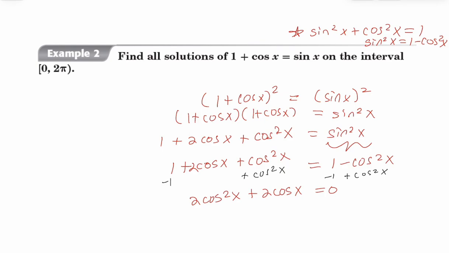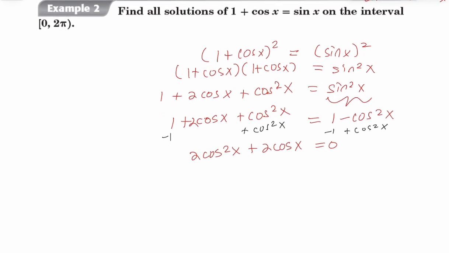Now, at this point, you can factor as it sits. You could factor out a 2 cosine and go from there. But so that we don't lose track of the algebra, I am going to do a substitution. I'm going to let u equal the cosine of x. So I get 2u squared plus 2u equals 0.